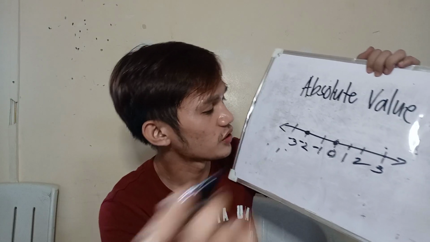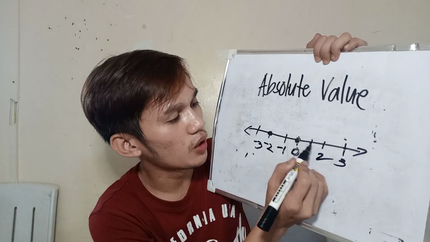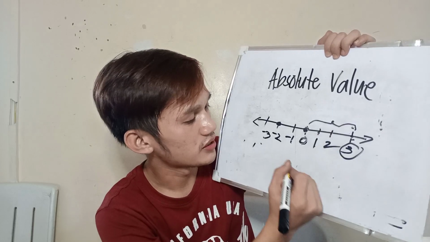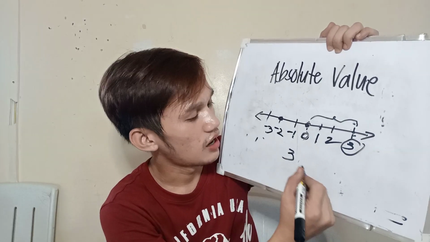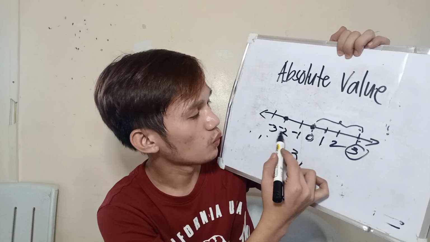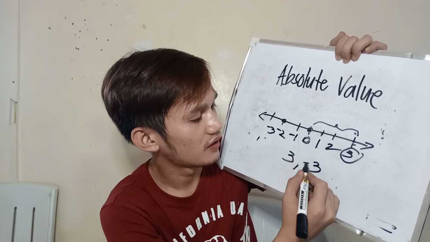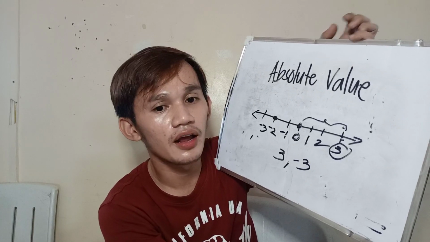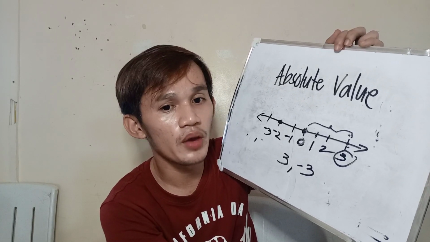So 3 units away from 0 are 1, 2, and 3, so it is positive 3. How about the other one? 1, 2, and 3, and then negative 3.